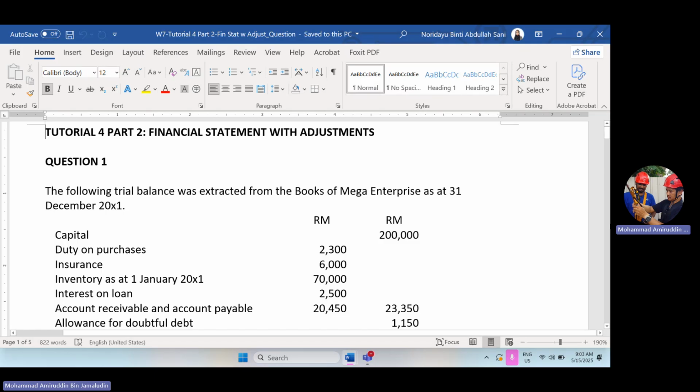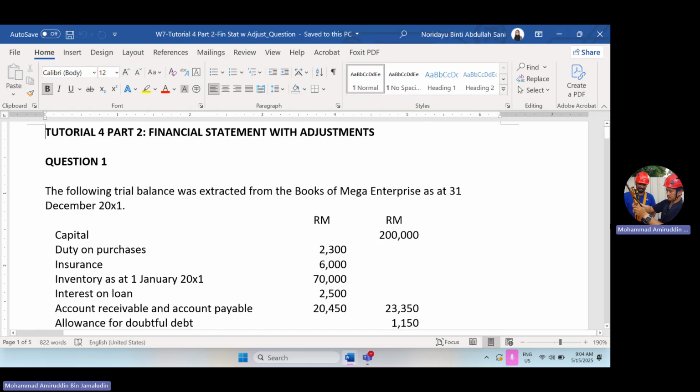I believe for your final exam, this topic is also a favorite topic, and it doesn't come with 10 marks or 15 marks. Usually it may reach up to 25 marks. And you have to prepare the statement of profit or loss, SOPL, and other comprehensive income.